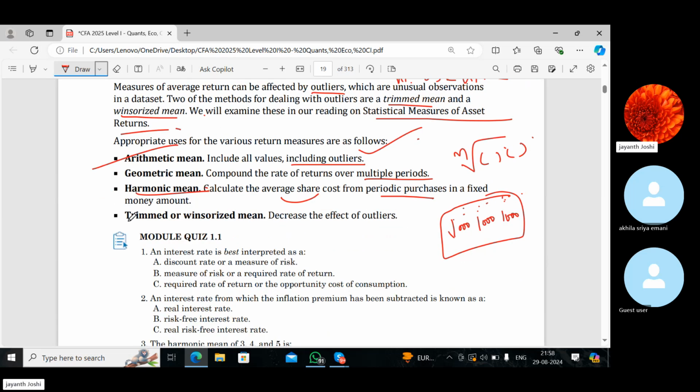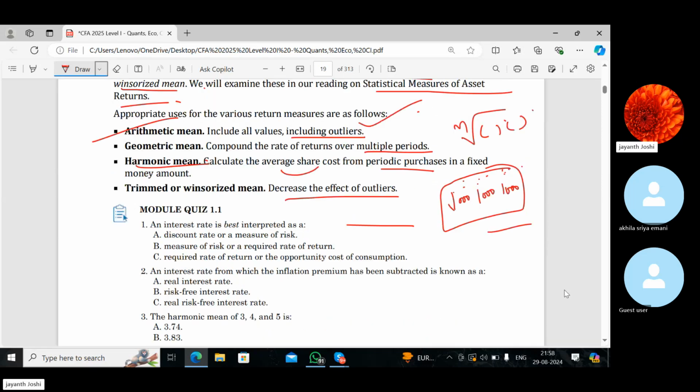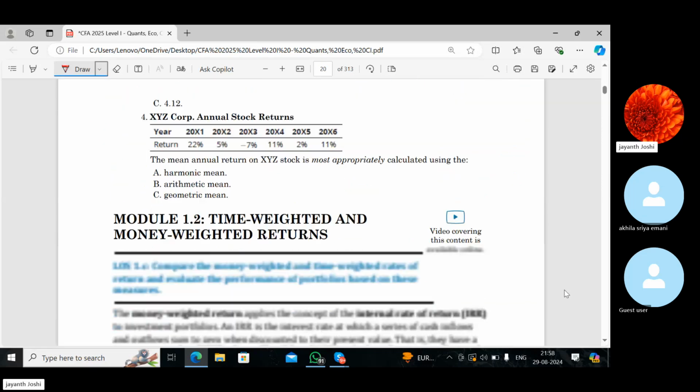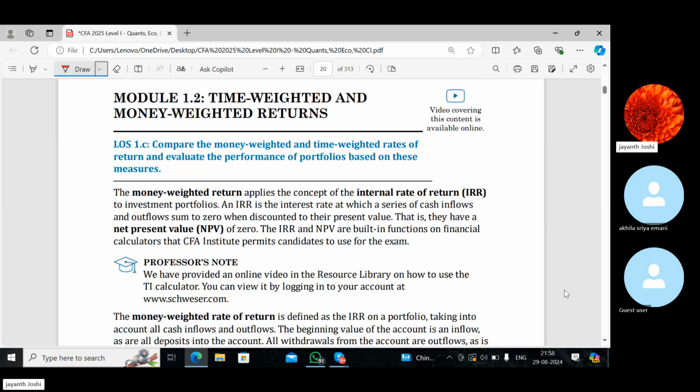And Winsorized or trimmed mean decrease the effect of outliers. That means you try to remove the outliers from your data and then find the average. We will discuss that in the coming sessions, need not worry. Now coming to time weighted and money weighted returns.